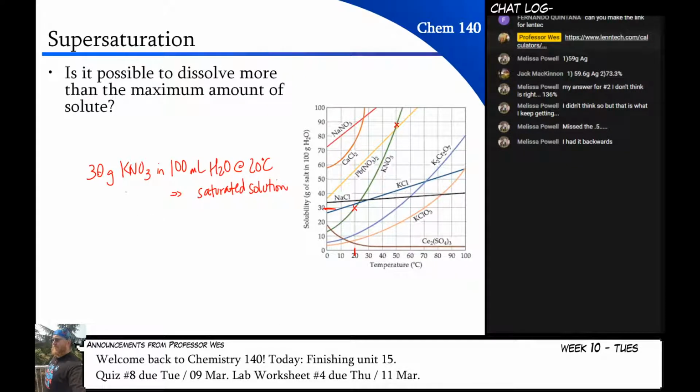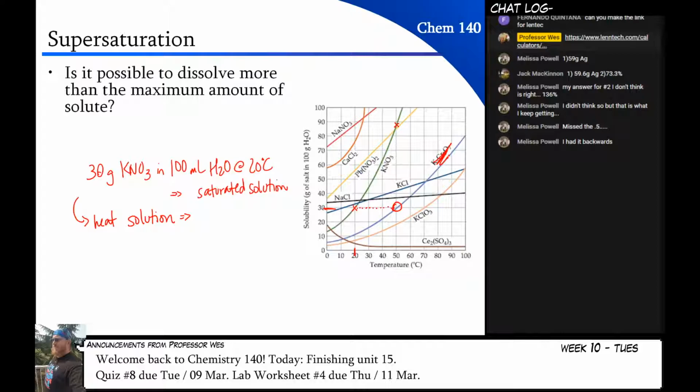But now what I want to do is I want to heat this solution. If I heat the solution, what happens to the solubility? Is it still saturated, or does it become unsaturated? Well, if I heat it, my solution state is going to move in this direction. So we'll say we heat it to 50. And this is where it is. Ignore the K2Cr2O7 line. What state is my solution in now if I have heated it with 30 grams in it?